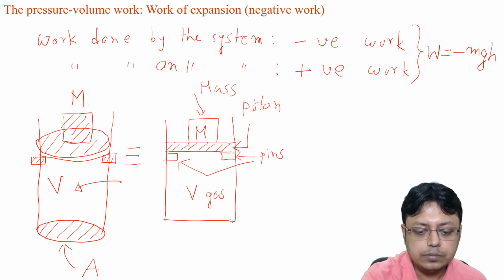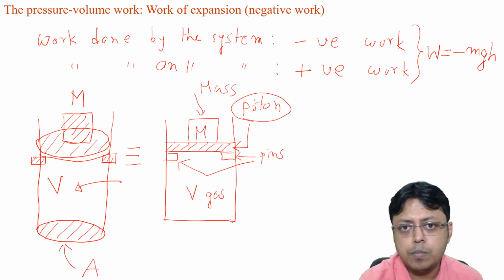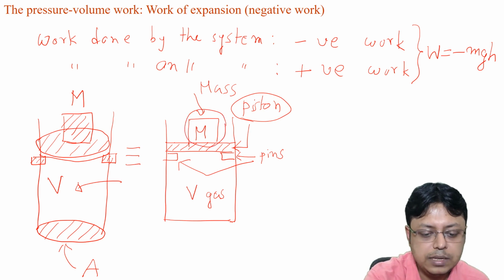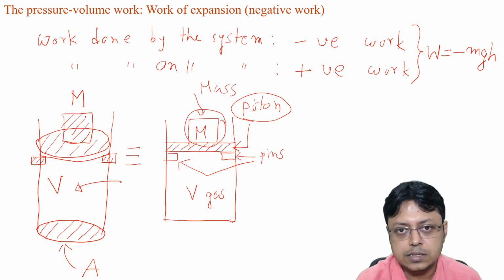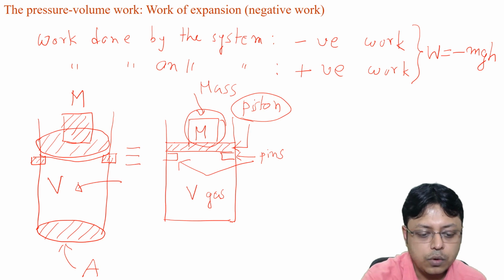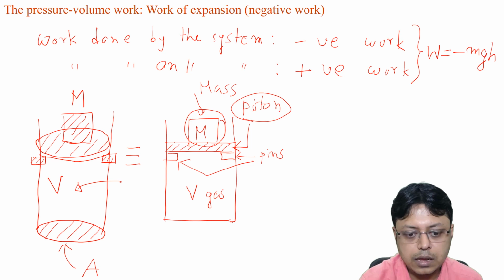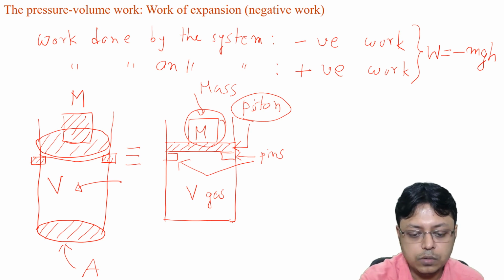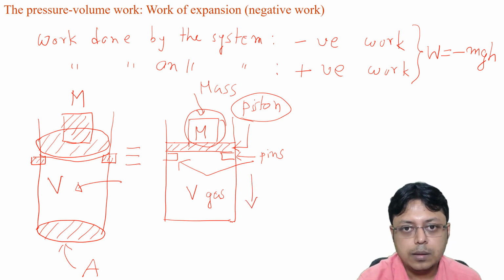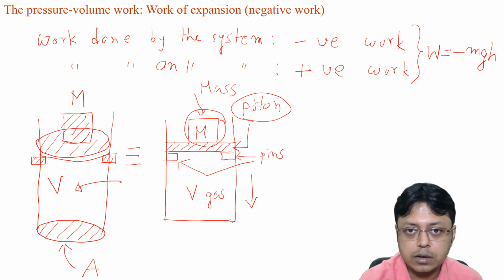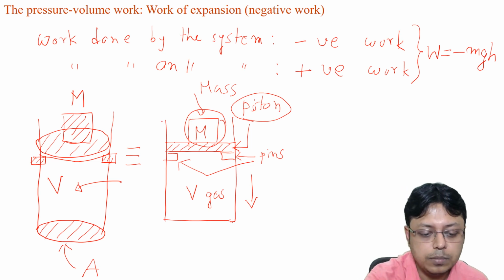Now this piston we will also assume has no mass, meaning all the effect of the mass is coming from this mass. So this is a very idealized situation. And secondly, when the piston moves up or down, if we remove those pins for example, and if the mass is creating a higher pressure than the gas, then of course the piston will move down. We'll discuss all those things. And during the movement, we'll also assume that there is no friction of the piston with the wall of this container.